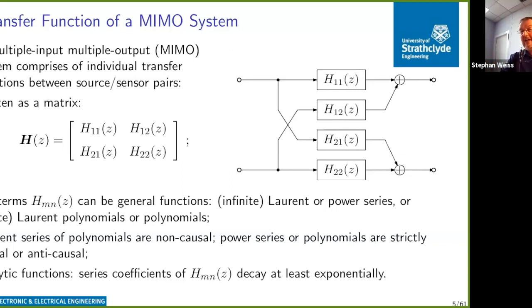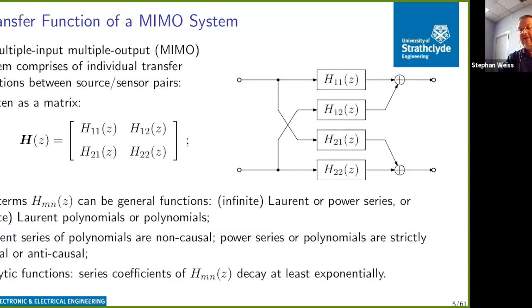They can be transcendental, so they can be infinite series that you may not even necessarily be able to express as a rational function. But the key element is that we'll demand that these functions are analytic, so they will decay at least exponentially, and that has a quite profound impact on what we can do with them. So just in terms of these functions, there's Laurent series, which are infinite and decay in both positive and negative time.